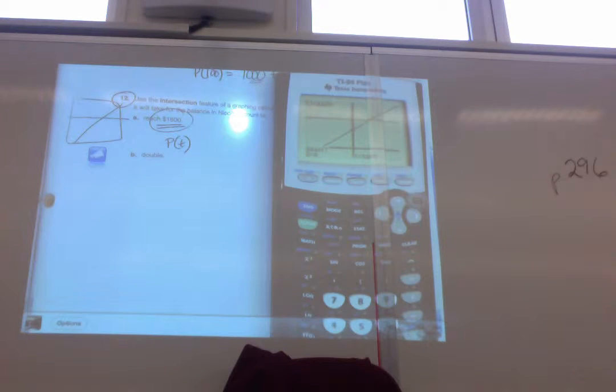Okay, now graph. Here's zoom 9, because I can't see the other. Zoom 9. Okay, how about zoom 0?